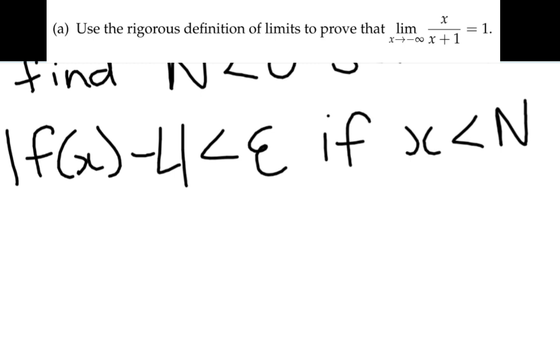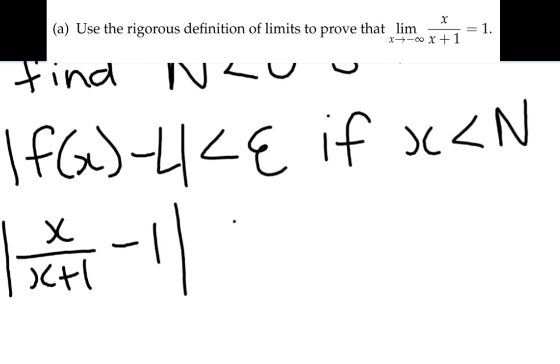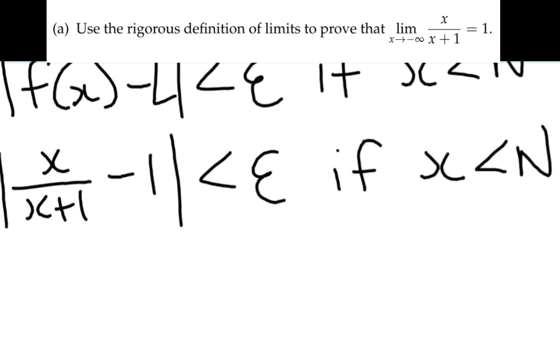So the function that we had is x over x plus 1, so we can substitute that in. The limit is 1, so we can subtract 1 from this, and it's going to be less than epsilon. Now we need to do a bit of work right here.